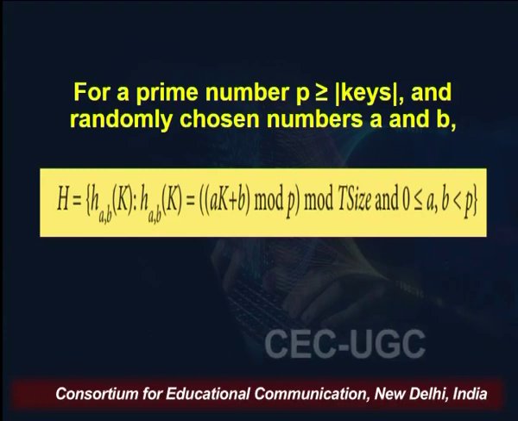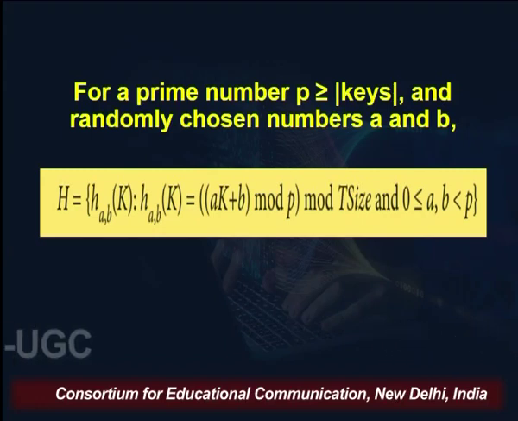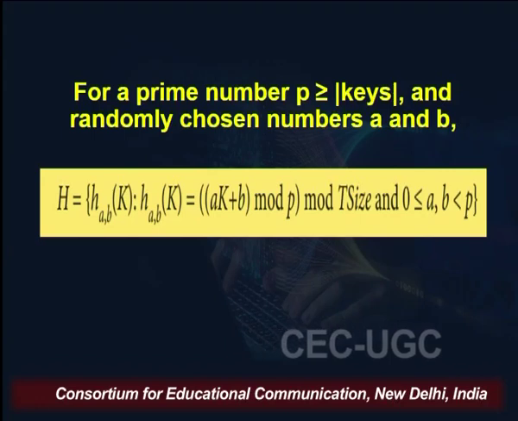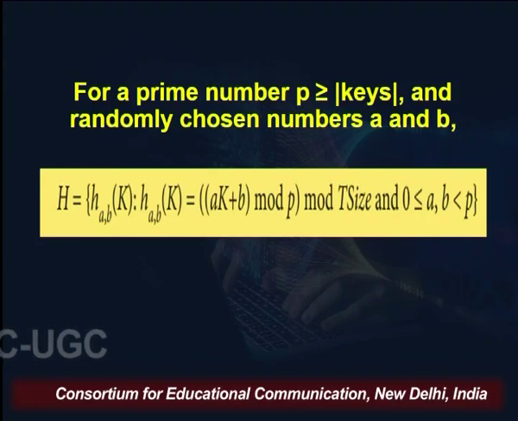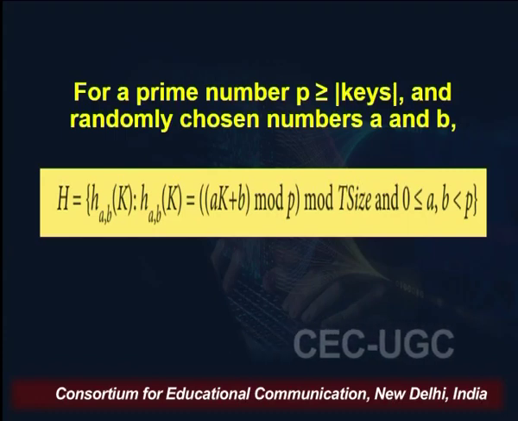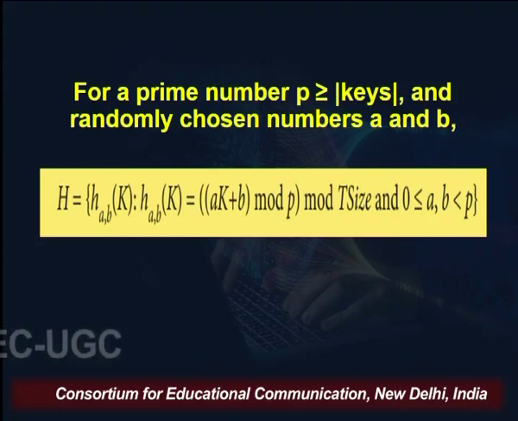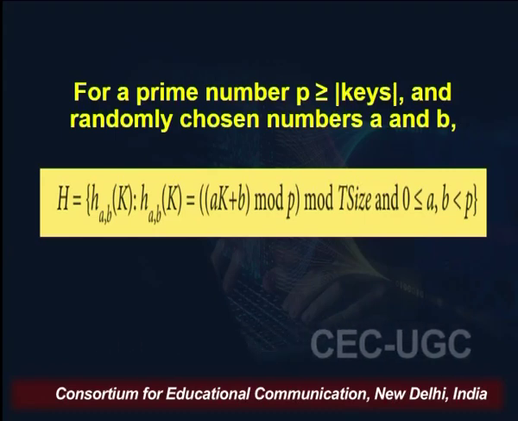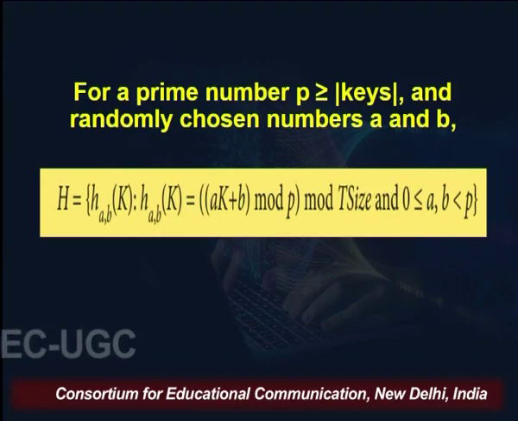In the earlier version we called it mod m, which is nothing but the T size, where a and b are randomly chosen constants which are greater than 0 but less than p, and p is a prime number which is more than the total number of keys. If we have such an arrangement, then we say that yes, we have a universal class of hash functions, or we have universal hashing here.